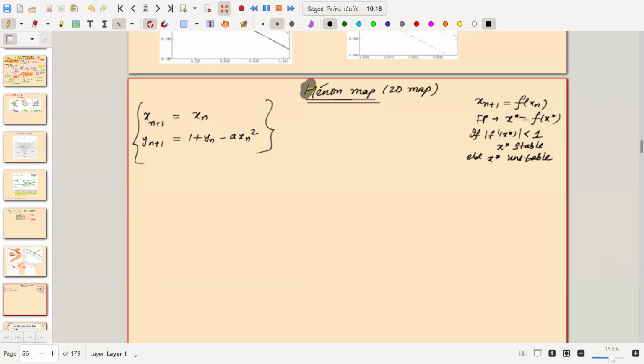Now my question to you is, how can we analyze this 2D map? I think we flipped it, right? Can you tell me again, Xn plus 1 is equal to?